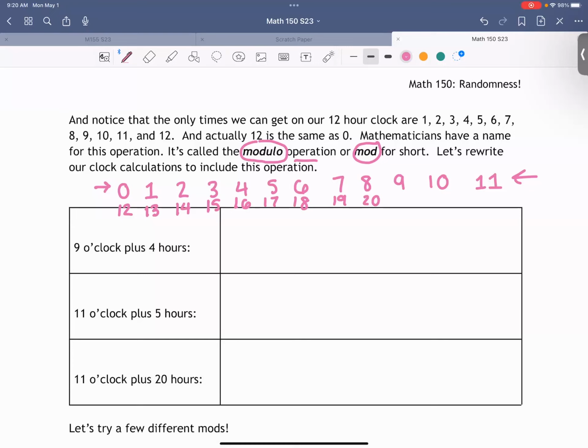Now, well, 9 plus 4 is 13, right? Now, I need to mathematically write that I'm subtracting 12 over and over again until I get a number that I want. So this is how we do it, okay? In parentheses after 13, we're gonna do this, mod 12. And we read it exactly how it's written, 13 mod 12.